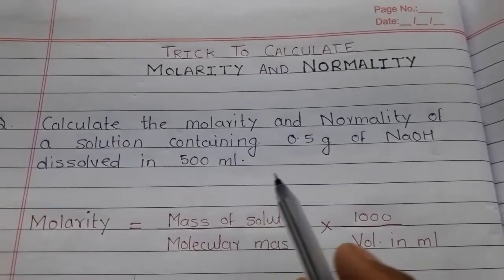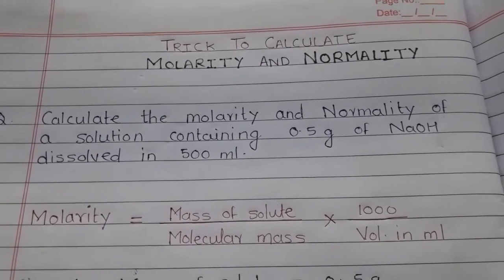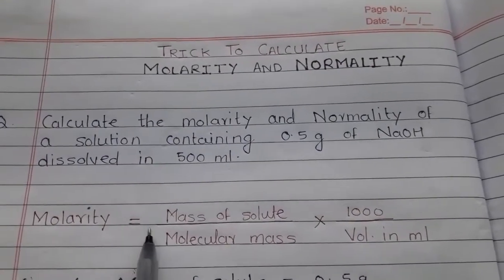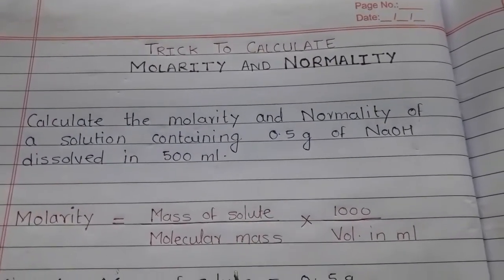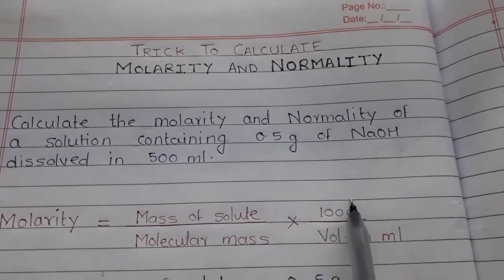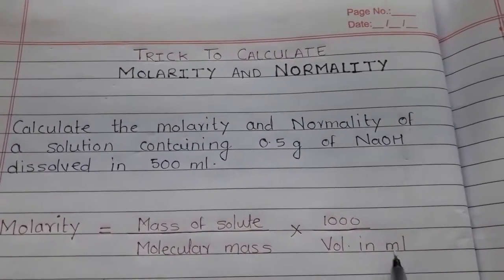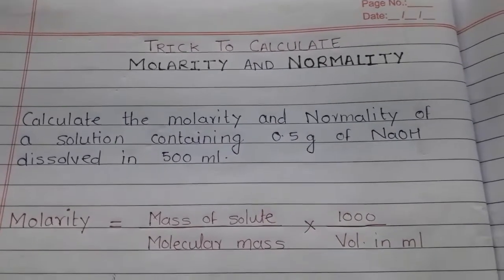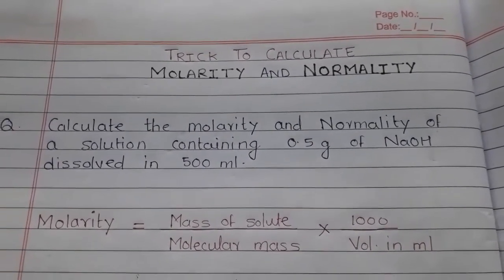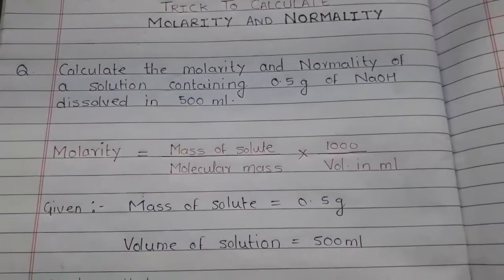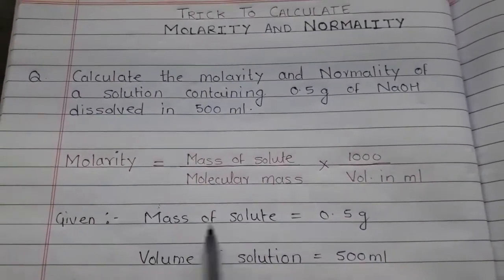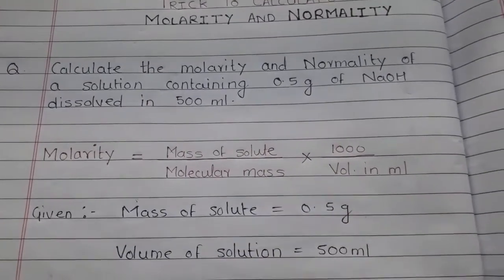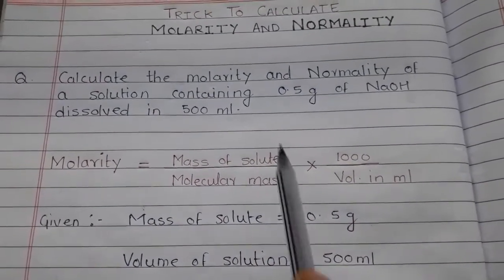For finding the molarity we have the formula: molarity is mass of solute by molecular mass into 1000 by volume in ml. That means the volume in which you are preparing your solution. For solving this question, we are given in the question the mass of solute, which is 0.5 gram, and the volume of solution we are preparing, which is 500 ml.